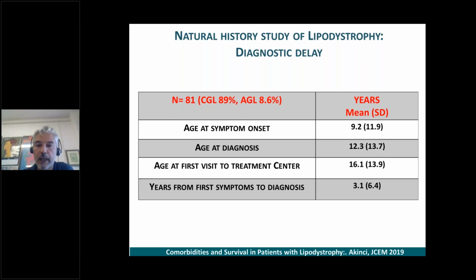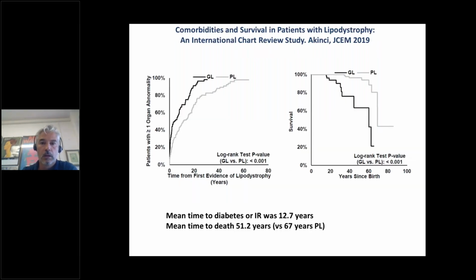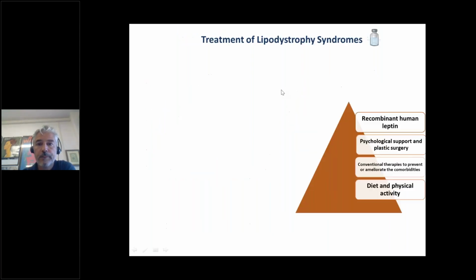This is clearly too late because at this point, some organ damage may be already present and hard to revert. Generally speaking, there is clinical evidence that generalized forms of lipodystrophy reduce the life expectancy. This is less evident in partial forms.